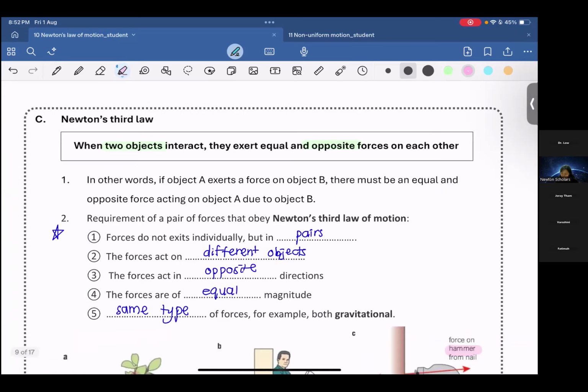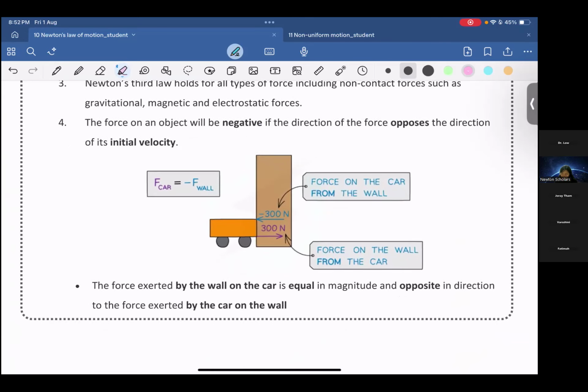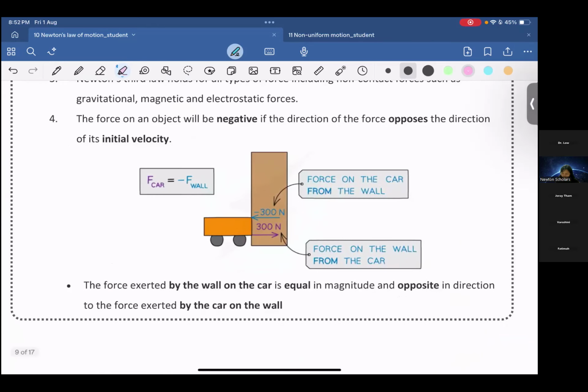So next, come back to here. This is sentence number 4. The force on the object will be negative if the direction of the force is opposed to the initial motion. So force is a vector quantity, it also has direction. We need to consider direction. If it opposes your initial motion or initial velocity, then we put a negative to show that it is opposite to the motion.